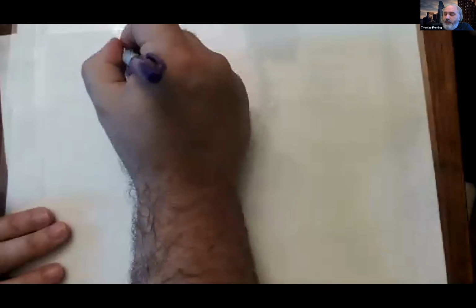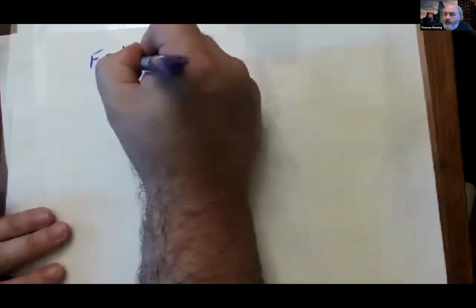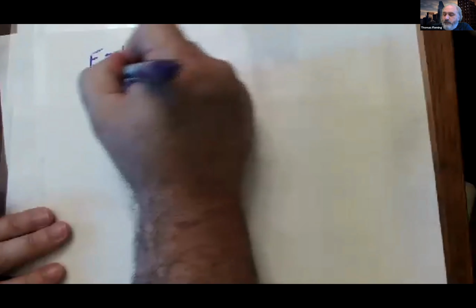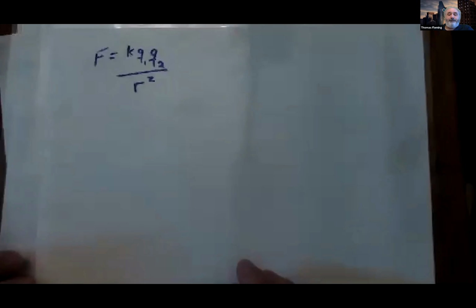If you recall, we started this whole discussion of charges and the Coulomb force by doing the Coulomb force law. It looked like that.